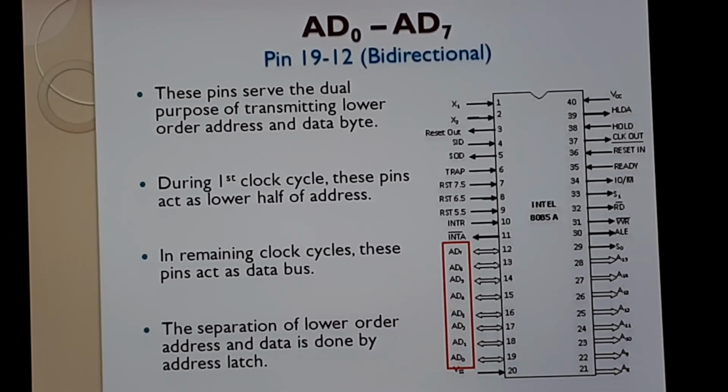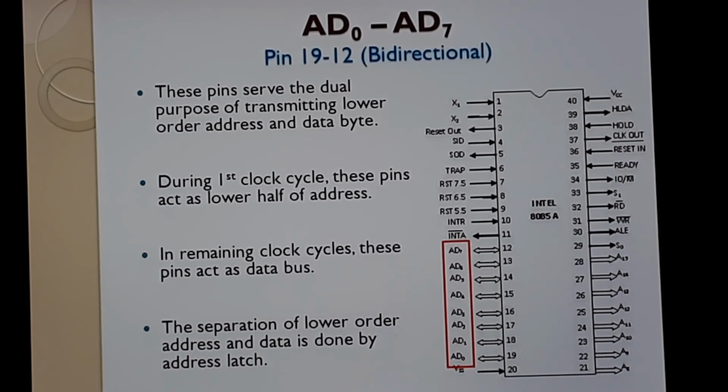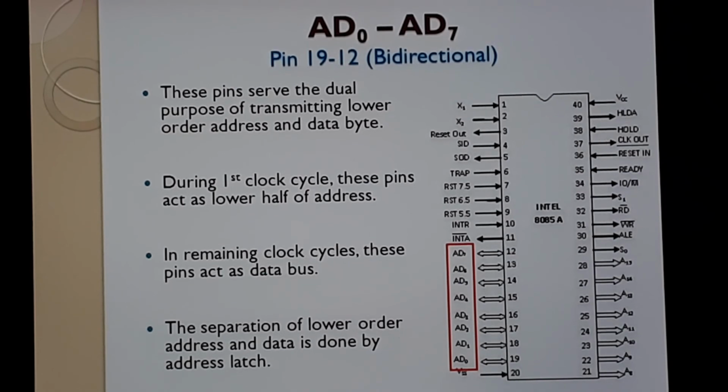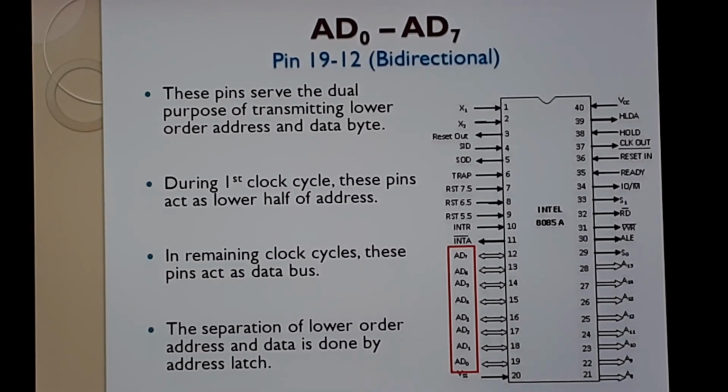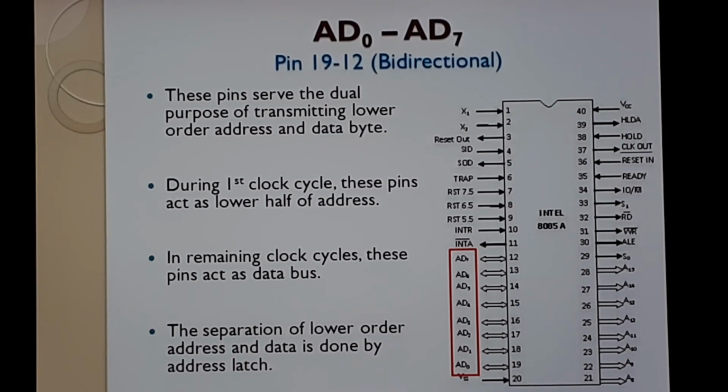If you consider these combined pins, it will be address data, and if you separate the two buses, it will be A0 to A7 and D0 to D7. So if you consider the separate address bus, it is A0 to A7, and the continuation is on the right hand side from pin number 21 to 28, that is A8 to A15.